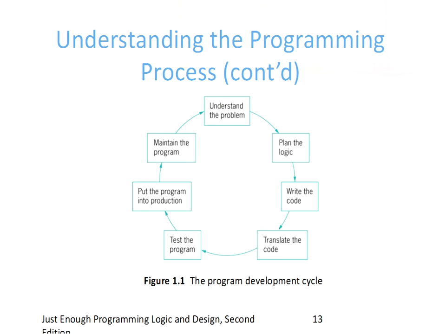And then you plan your logic. Again, it is part of the assignment. It's part of this programming process. And then you write your code. So how do I know that you understand the problem properly? And how do I know if you planned your logic properly?